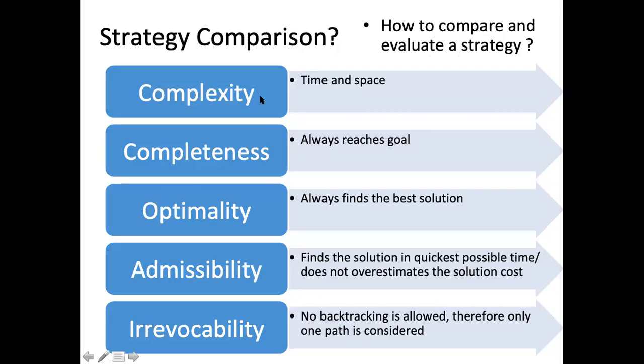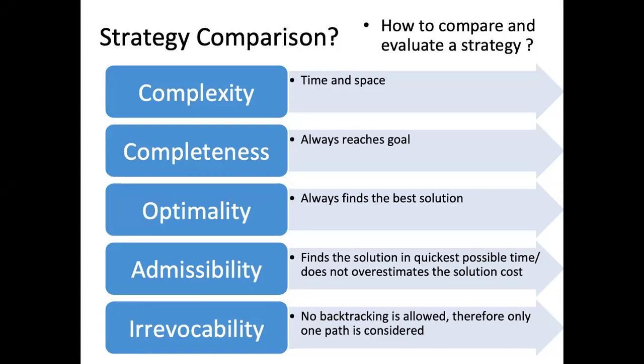So the first thing when you are comparing the search strategies is the complexity, the time and the space complexity, and that is generally defined in terms of Big O. Then completeness. That means that a search strategy will always take you to your goal.